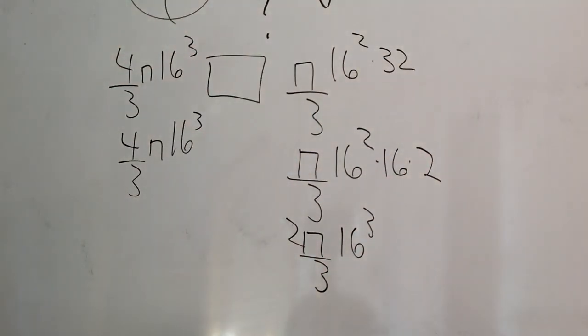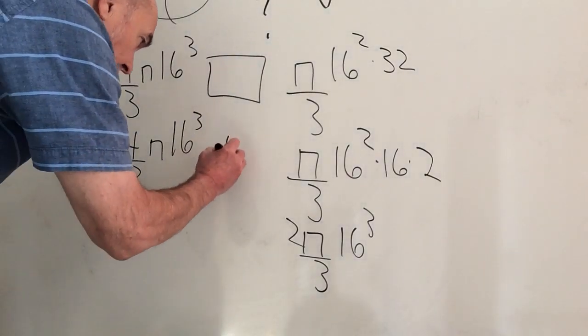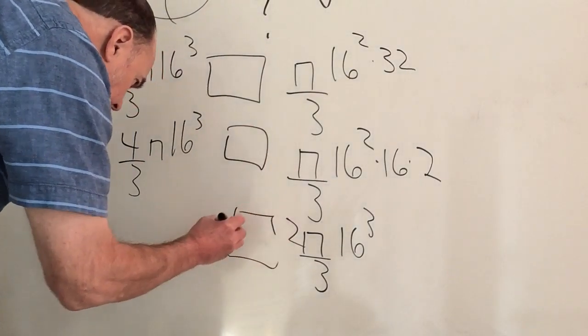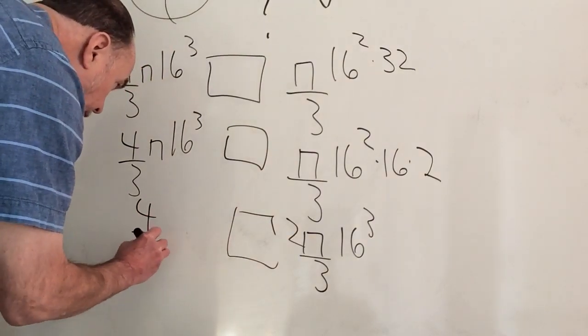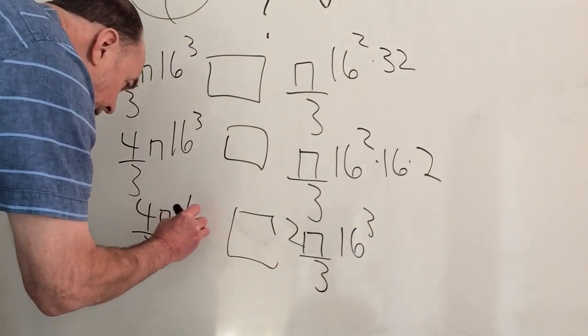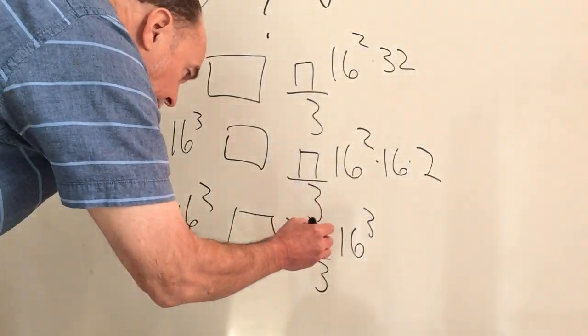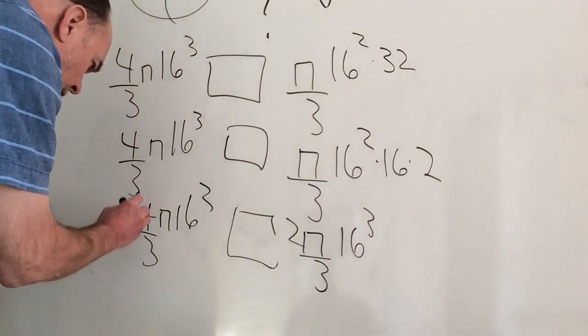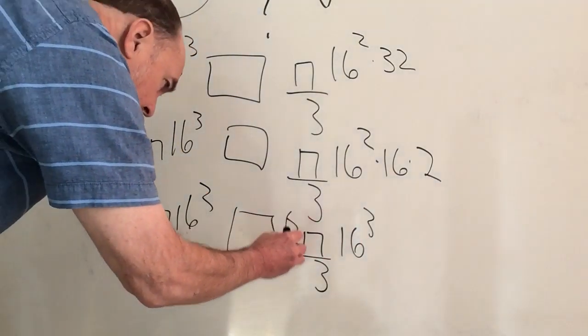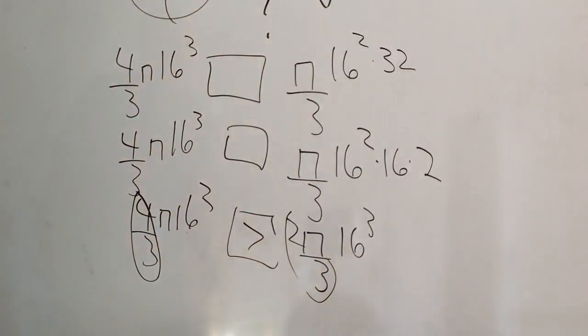So that's what it turns out to be without punching in numbers. And then we have our box here and our box here. And then this becomes 4 over 3, pi 16, 3. So this is all the same number, pi 16, 3. So I'm just comparing 4 over 3 to 2 over 3. Obviously, the sphere is double the size of the cone.